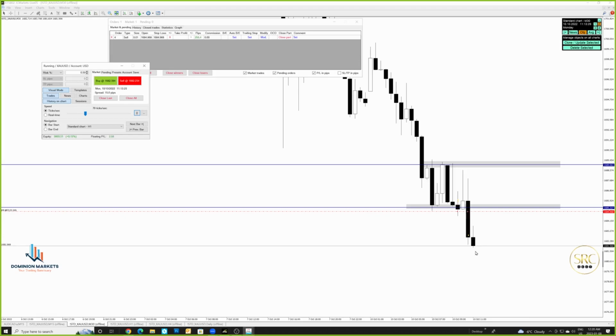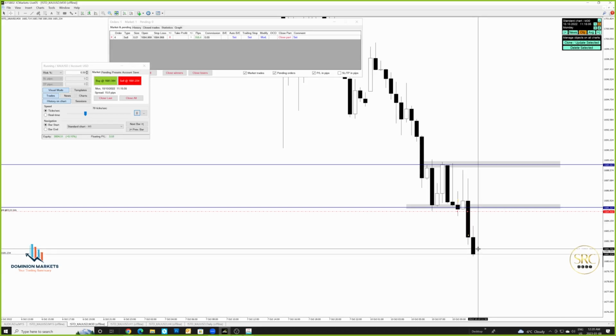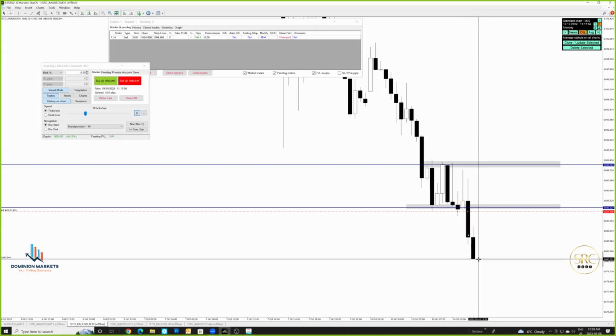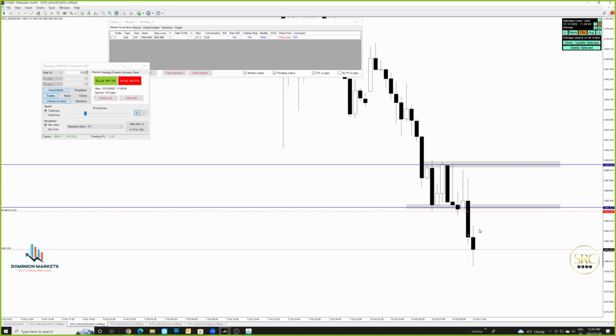Now when you see this right here, I think there's a slight probability it can continue pushing down, and a higher probability for it to maybe just retrace. But if it goes down, that's perfectly fine, no problem at all. The problem is that if you take a sell, win a trade, and then keep doing it over and over again, you're going to continue losing. What's the range below that area? 200 pips. We have a 200 pip range below that area.